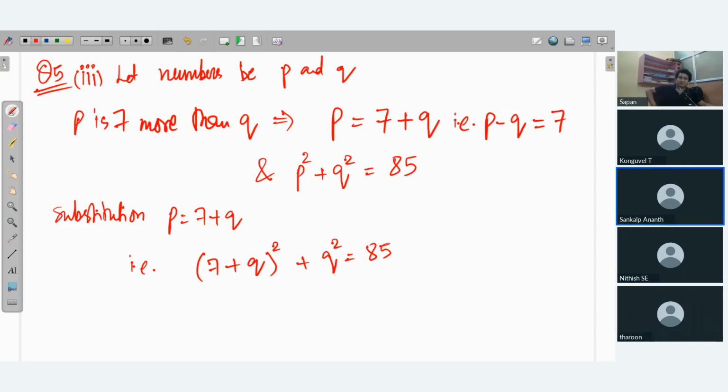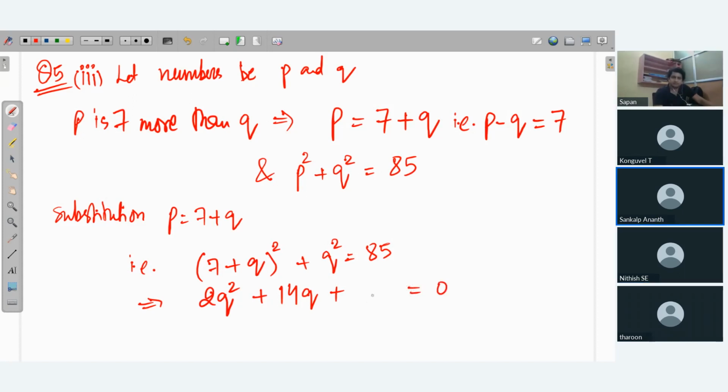Okay, so this becomes 2Q square plus 14Q plus 49 minus 85. What is 49 minus 85?